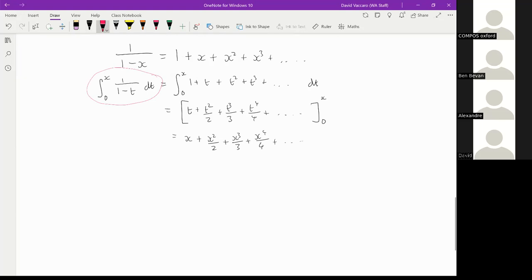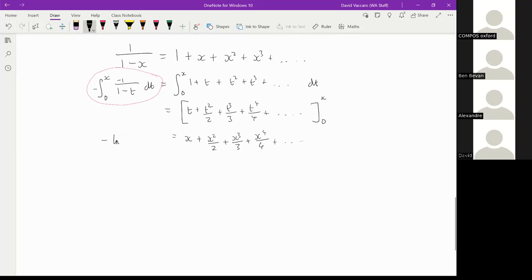Any suggestions in the chat? Well, the derivative of the bottom is minus 1. So if I just modify the function slightly, I've got function on the bottom, derivative on the top.